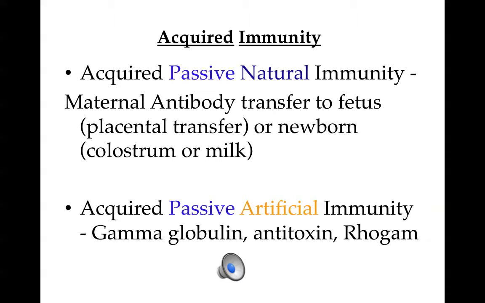RhoGAM, if you've ever heard of a blood incompatibility or ABO incompatibility or RH incompatibility between mother and baby, especially for RH, we do have antibodies that can be given to the mother to prevent the mother's body or her immune system from essentially attacking the baby if she has, or the baby has, different RH blood types. Passive natural, mother to child. Passive artificial, a wide variety of sources of antibody to anyone, either through injection or infusion.